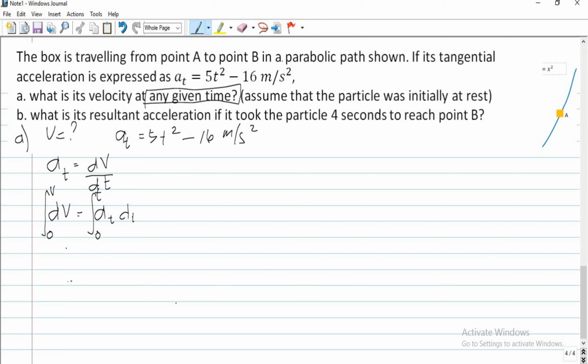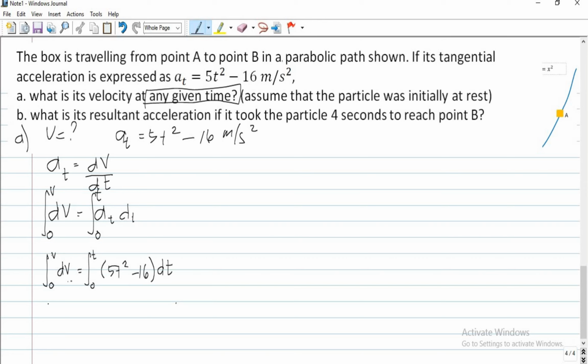And we know that at is given as 5t squared minus 16. So that is the integral from 0 to v of dv, that is equal to the integral from 0 to t. Our at is 5t squared minus 16 dt.